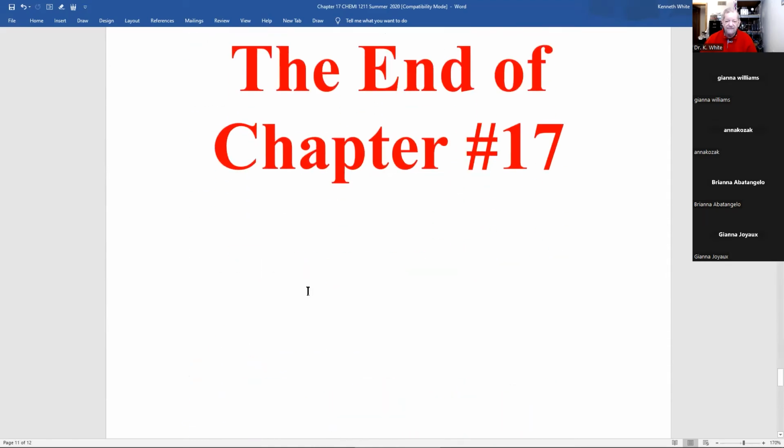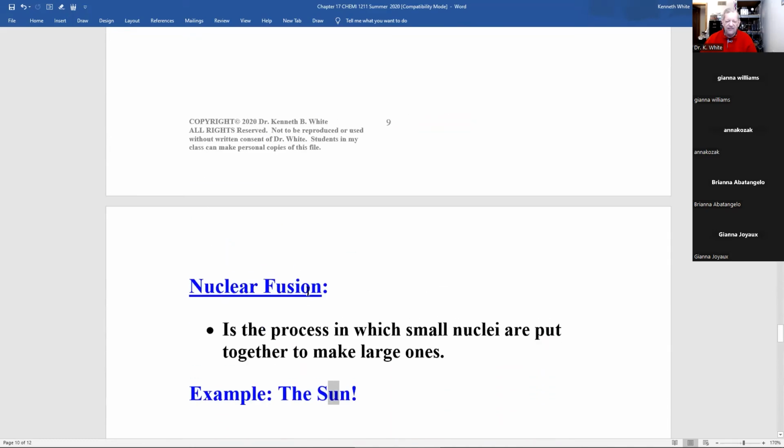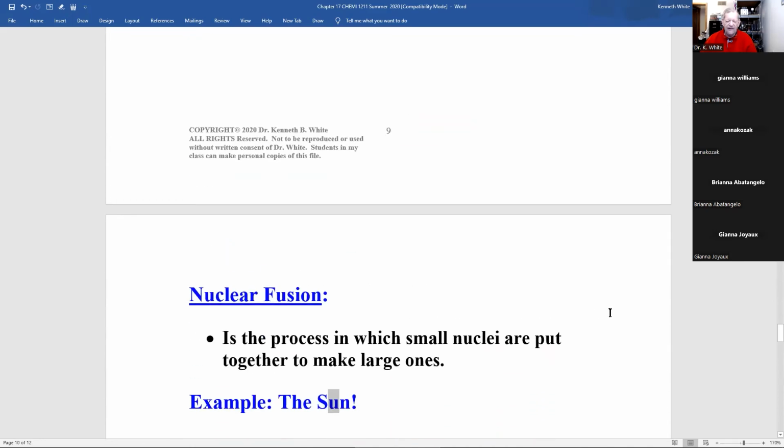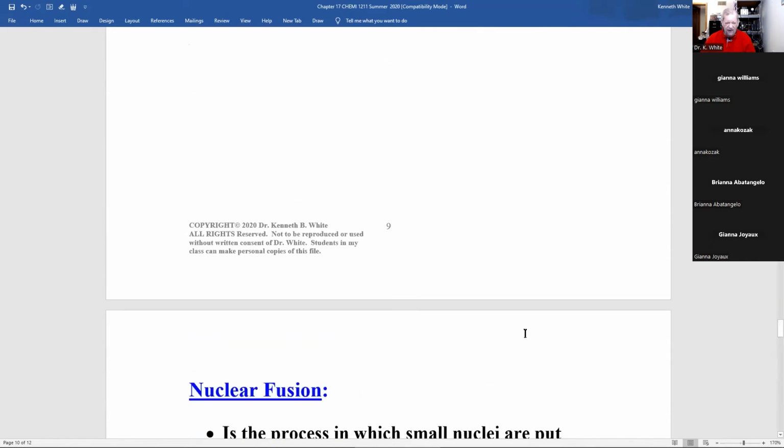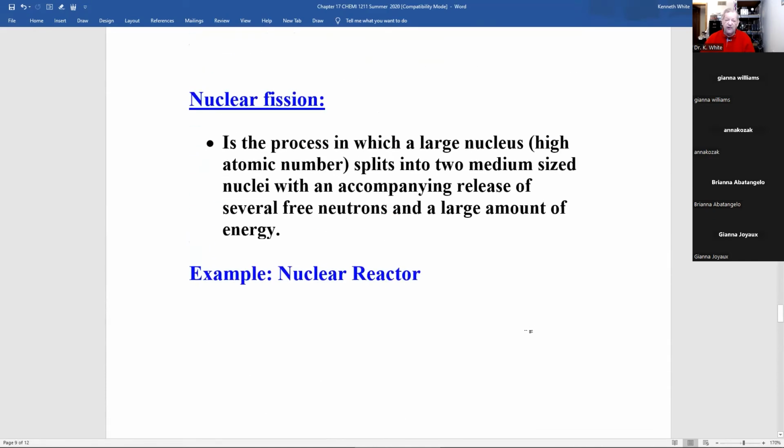Do we need to know the definitions for the test too? Yes, both, for next week. For the test, not the quiz. And you should also know, if I ask, give an example of nuclear fusion, you would put down the sun. If I were to ask, give an example of nuclear fission, you could put down a nuclear reactor.